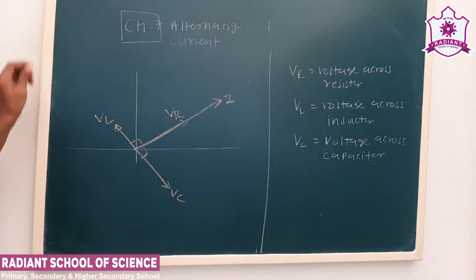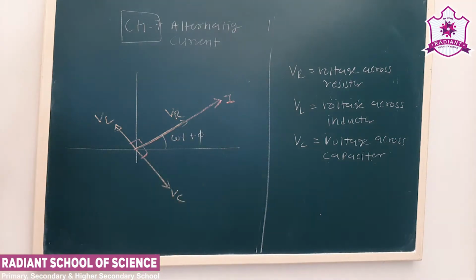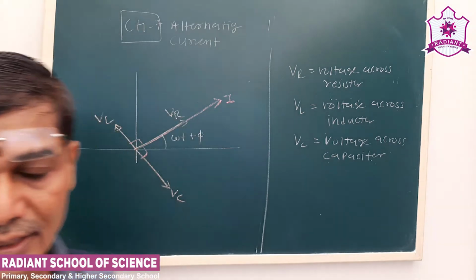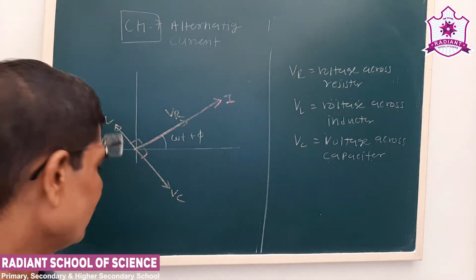Now let us say the angle phi is the phase difference of the total circuit. V is equal to Vm sin omega t is the voltage supply.